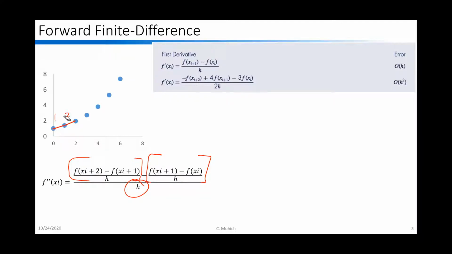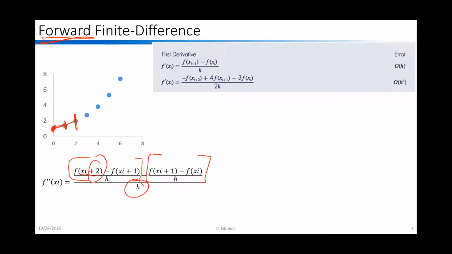What you'll notice here in my forward finite difference is I have this x of i plus 2 point, right? So if I want to know the second derivative at this first point, I can't go backwards. I'm talking about a forward finite difference, and I need 2 extra points. So I have to go 1 over and then that second 1 over. So this is why we have this 2 here.